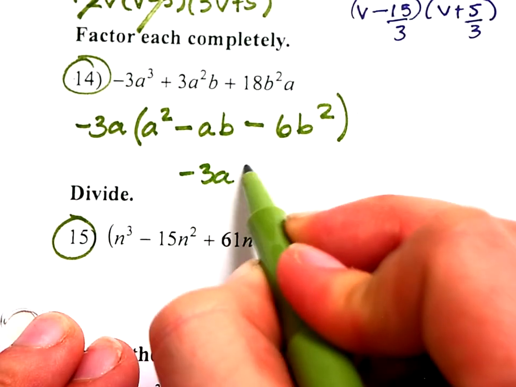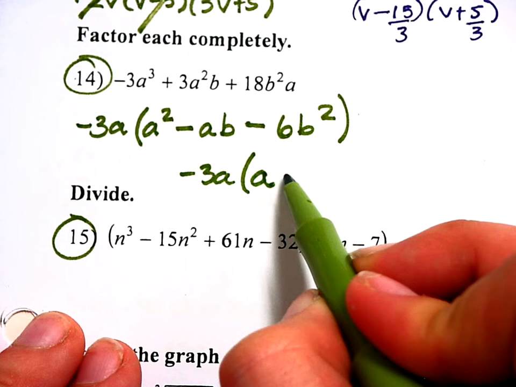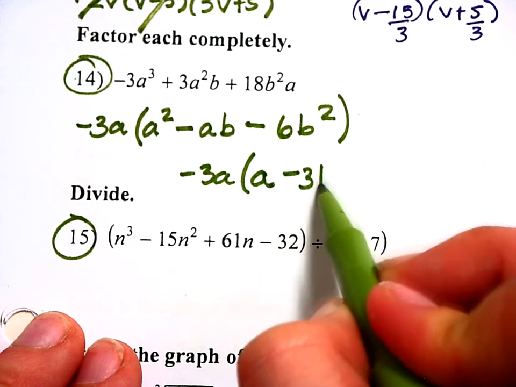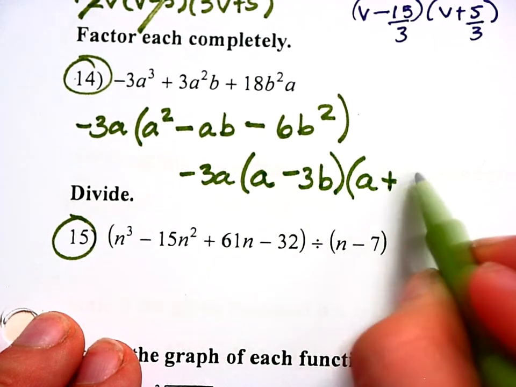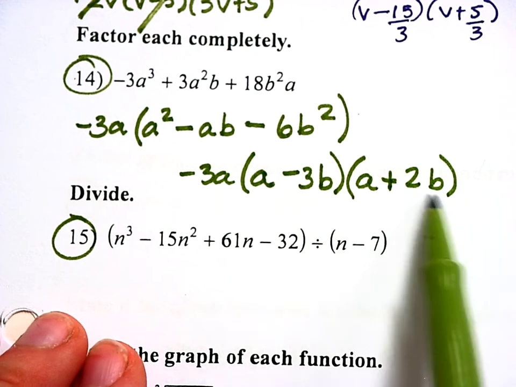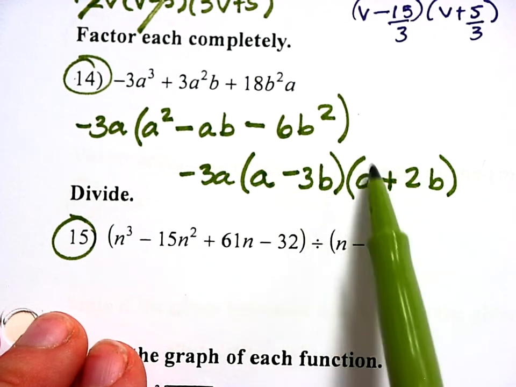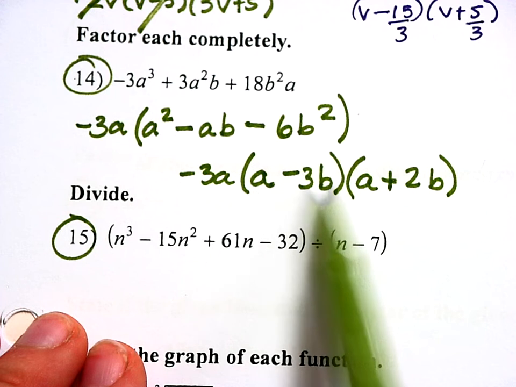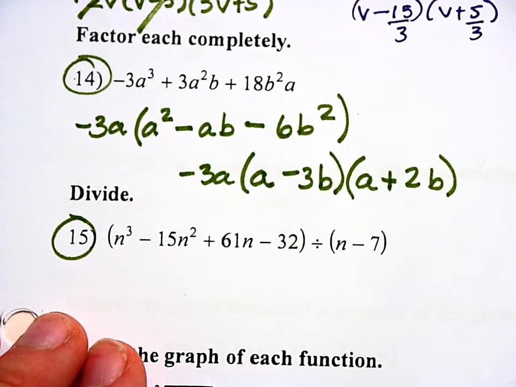So negative 3a, and then let's make this a minus 3b, and then a plus 2b. So see how if we multiply these, that gives me negative 6b squared, and then my ab terms, negative 3 and positive 2, would give me the negative 1. So it works.